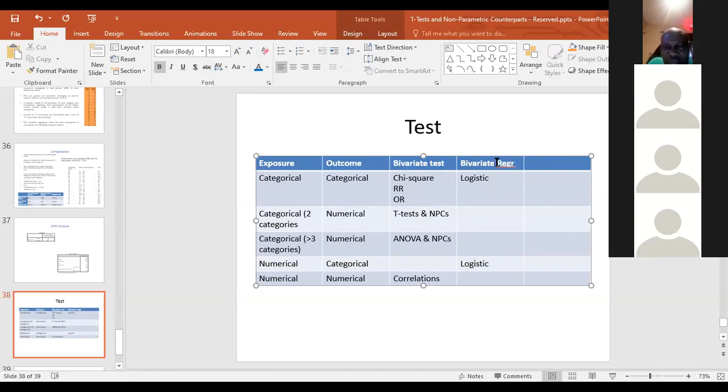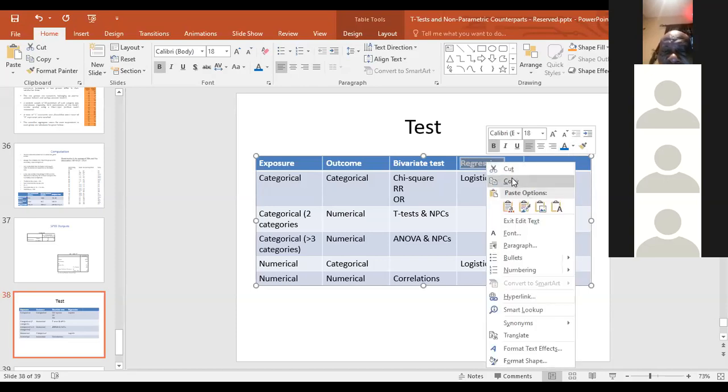Let me just say regression, because regression can be bivariate or multivariable. It's not multivariate, it's multivariable, bivariate or multivariable. Multivariable regression, bivariate regression.